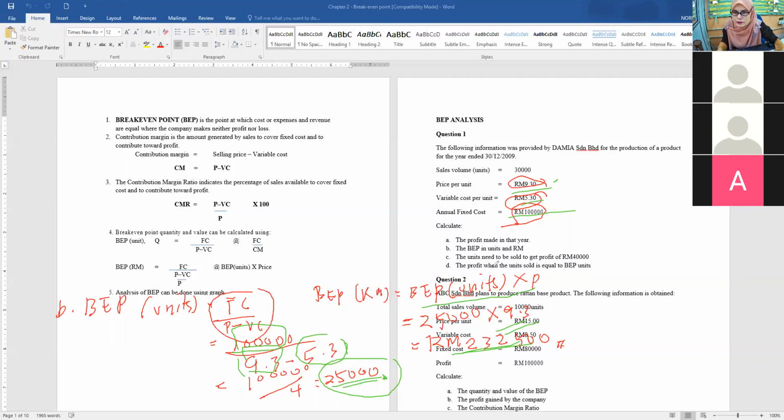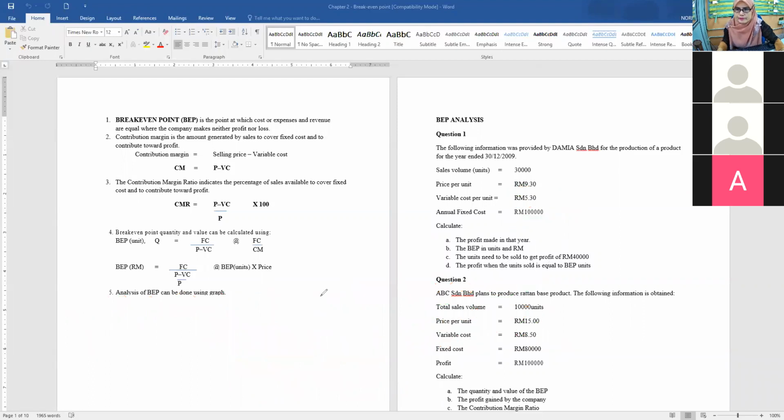Next, the units to be sold to get profit 40,000. So the formula that we will use is profit equal to total revenue minus total cost. Total revenue is price times quantity.